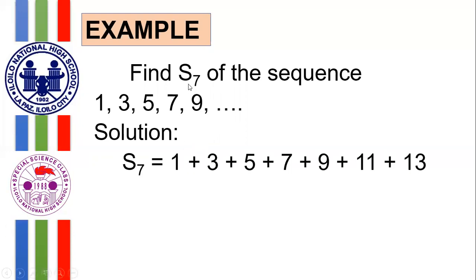Hence, if you have S sub 7, then you will add the first 7 terms of this sequence. That is why I have here 1 plus 3 plus 5 plus 7 plus 9 plus 11 plus 13, or doing this manually for now, gives you 49. Hence, S sub 7, or the sum of the first 7 terms of this sequence, is 49.